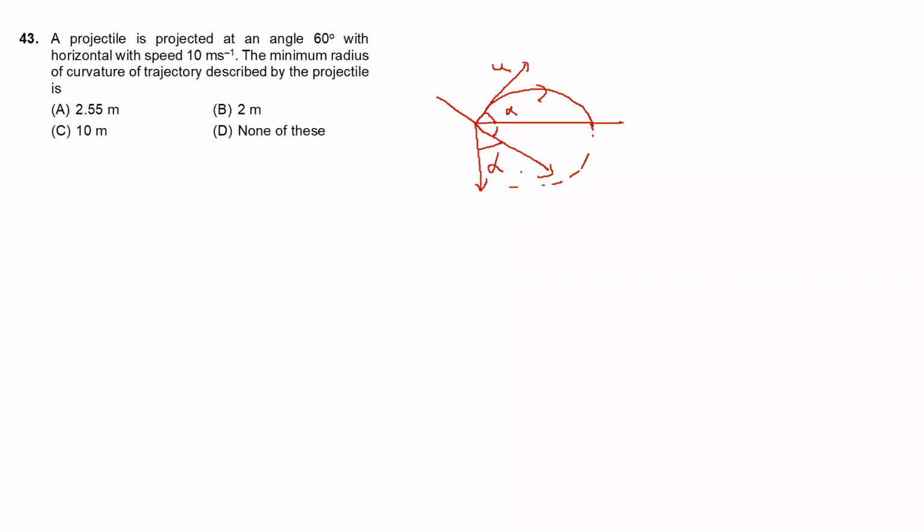So here, mg is here, g is always vertically downward, this is alpha. So mg cos alpha will be this component. Yes or no? Since it is moving in a circular path, mg cos alpha is equal to mu square by r. In which radius is it going?